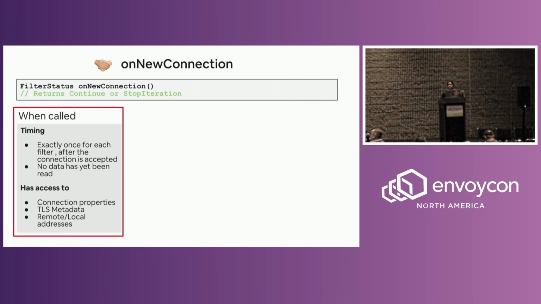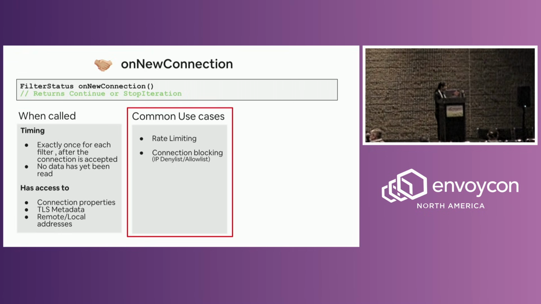This is important because sometimes you might want to rely on the actual data, but that is not available during onNewConnection. But onNewConnection has access to connection properties like the TLS metadata or the remote and local IP addresses. Thus, it naturally follows that it can be used for some cases of connection blocking, like IP allow list or deny list, or rate limiting.